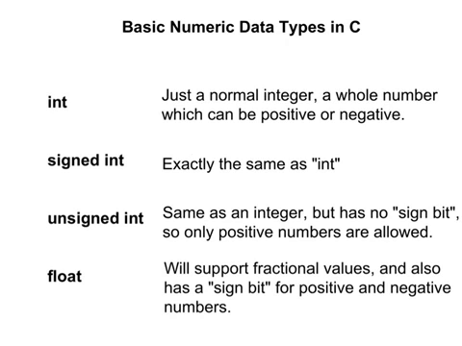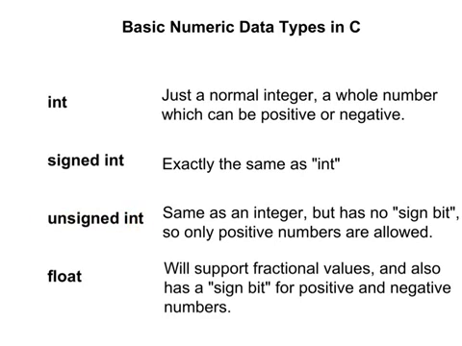So first of all, you have int, which is short for integer, and this refers to a whole number which can be positive or negative. Signed int is the same thing as int. Basically, you have the choice of either a signed int or an unsigned int. If you write just int, that means signed int, which means it has a sign bit, which means you can have positive or negative values.